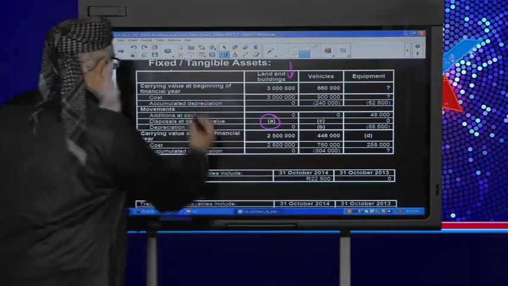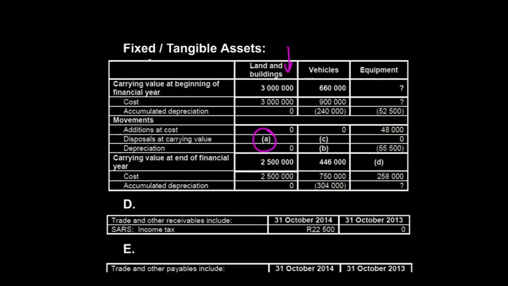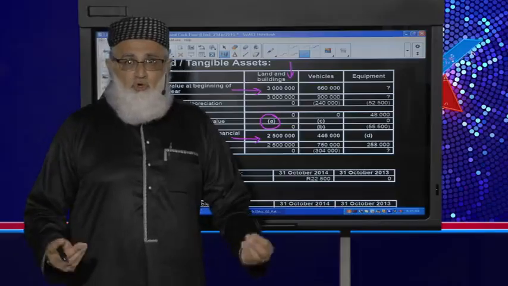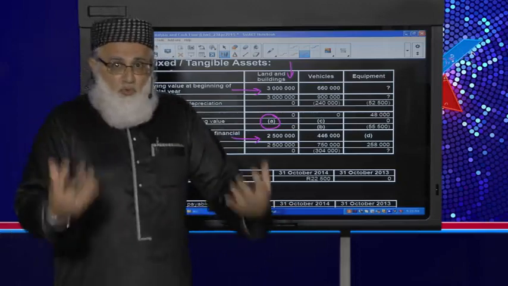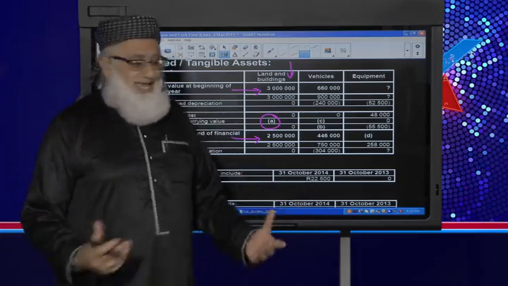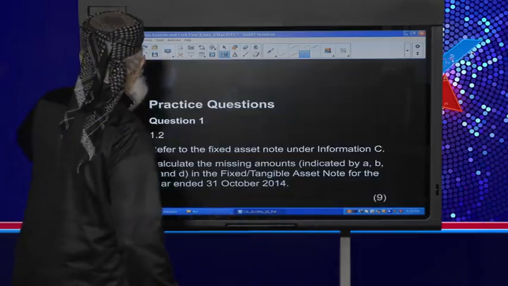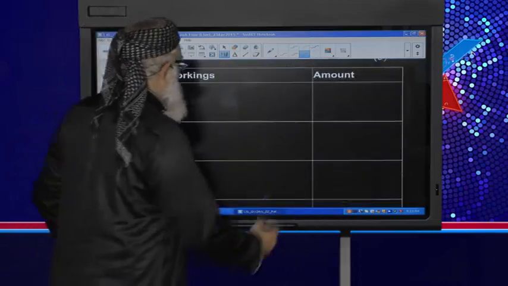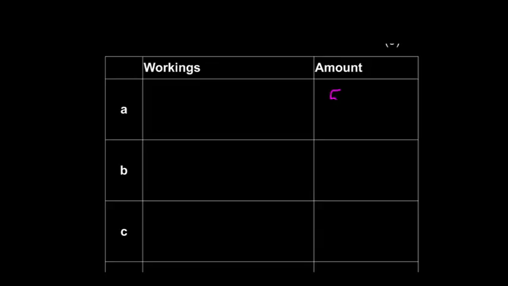Let's do that. My carrying value at the beginning of the year was 3 million rand, and my carrying value at the end of the year was 2,500,000. Clearly you can see that you disposed of land and buildings, and immediately this tells you that your answer is 500,000. And obviously your workings, which you must show, are important.